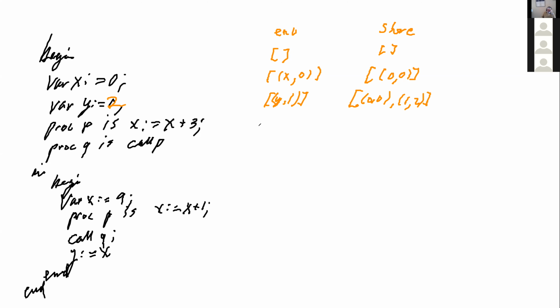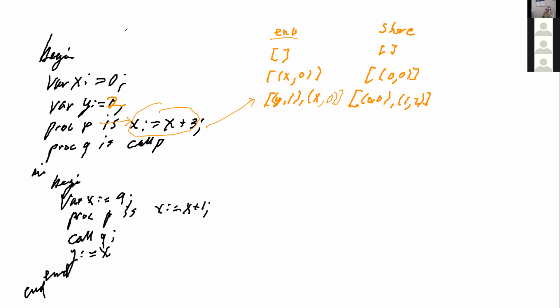And then we add P into our environment. I apologize, I need to keep X in the environment also, so it's Y1 comma X0. Then P points to this environment.